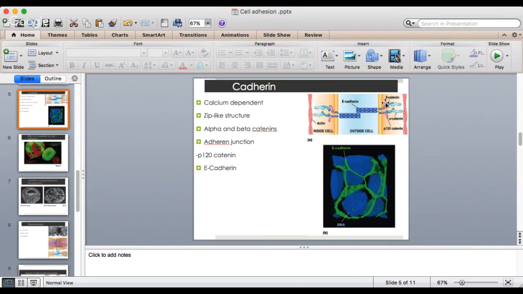From here, both of these proteins are able to link the cadherin to the cytoskeleton. We also have p120-catenin, which binds to the tail of the cadherin, just like the alpha-catenin, but it is able to mediate cadherin's stability and Rho activity.